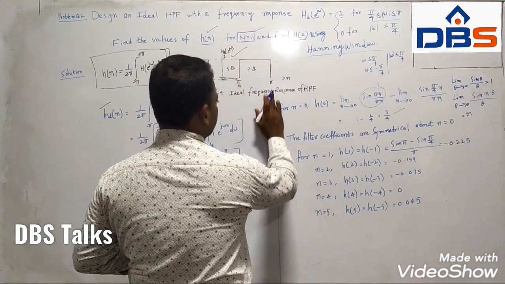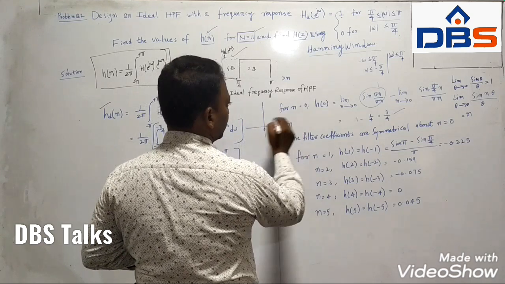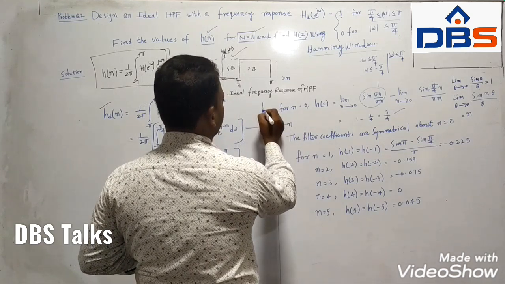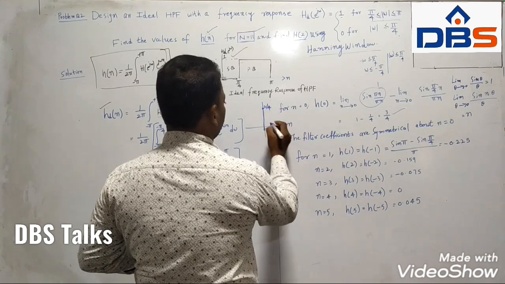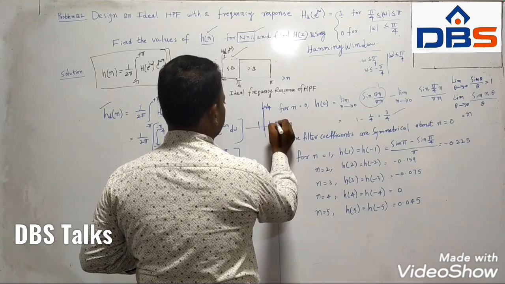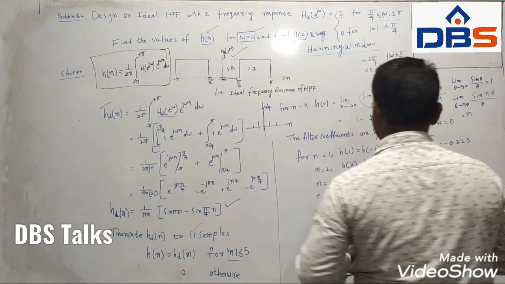So the coefficients may look like this: at n equal to 0, the value is 3 by 4. After that you will have some samples here, like this, the truncated impulse response.